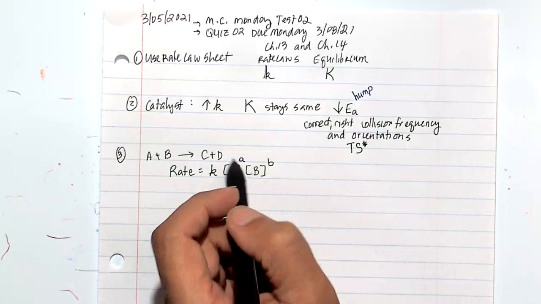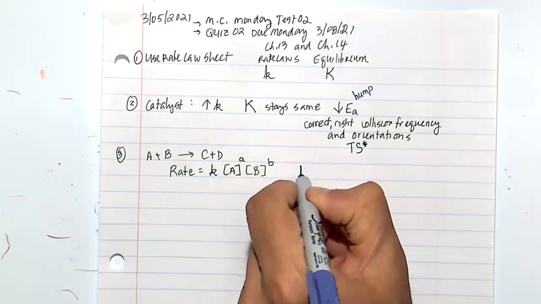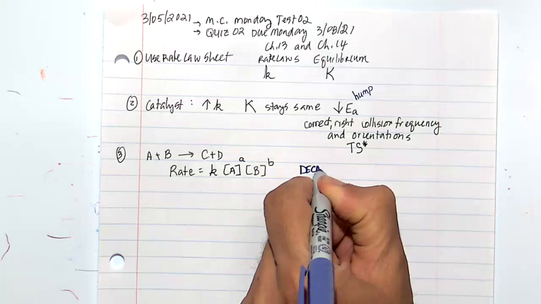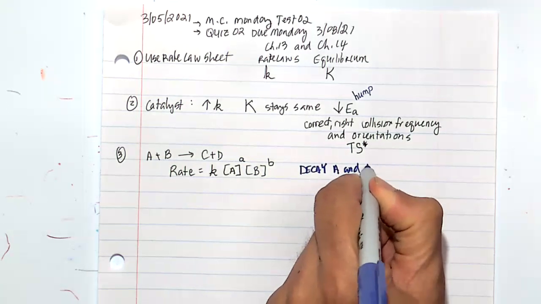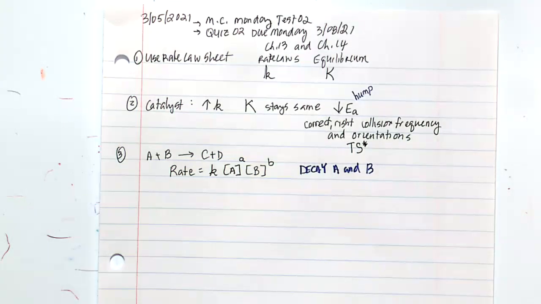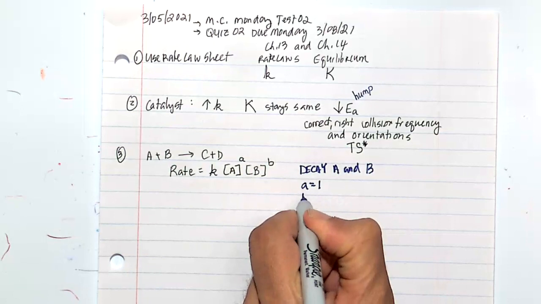A is going to decay, and we ascertain how fast the reaction is going to go based on decay. The decay of A and B will tell us how fast this generic reaction is going.